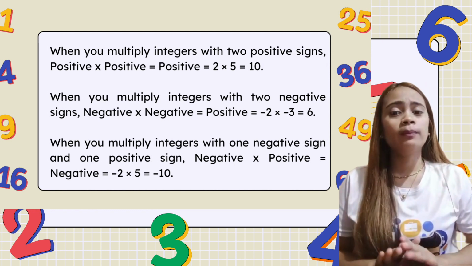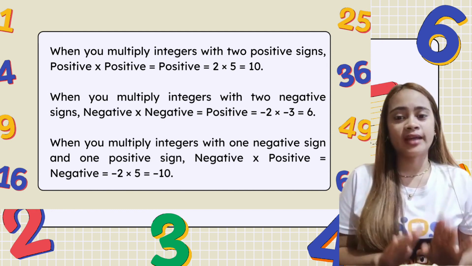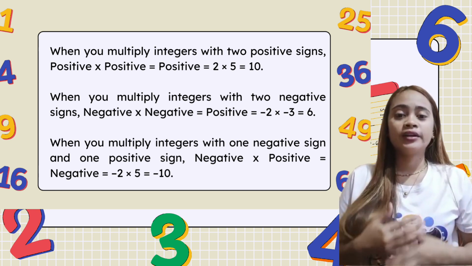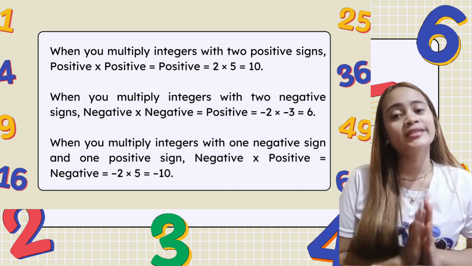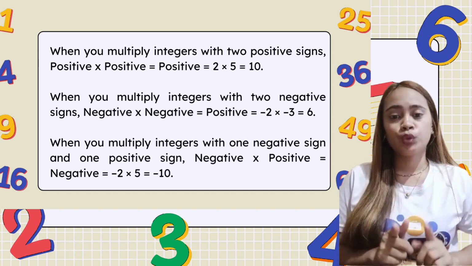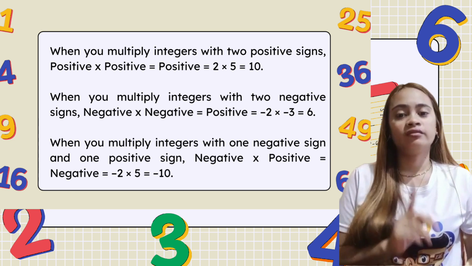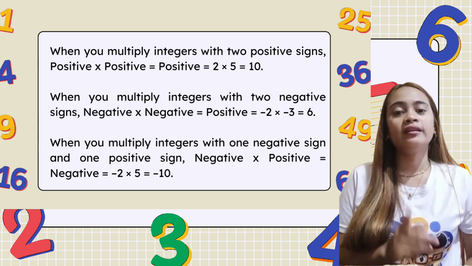When you multiply integers with two positive signs, positive times positive is equal to positive. For example, positive 2 times positive 5 is equal to positive 10, or the result will be 10.